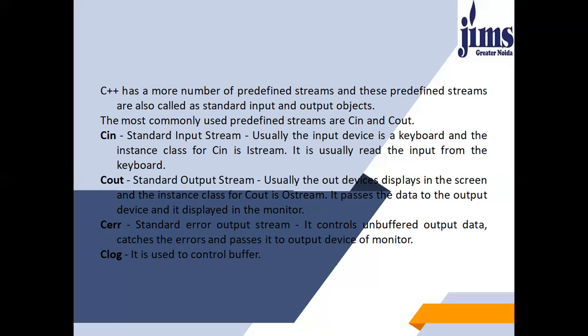Usually, the input device is a keyboard and the instance class for cin is istream. It usually reads the input from the keyboard. cout, standard output stream. Usually the output device displays on the screen and the instance class for cout is ostream. It passes the data to the output device and it is displayed on the monitor.